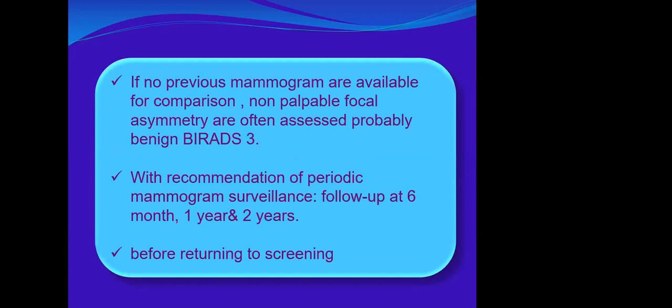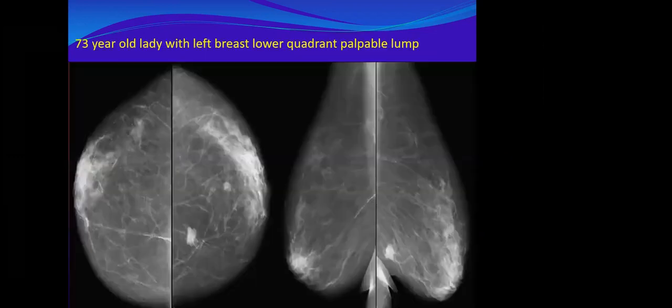If no previous mammograms are available for comparison, non-palpable focal asymmetries are often assessed as probably benign, BI-RADS 3, with a recommendation of periodic mammogram surveillance: short-term follow-up at 6 months, then 1 year and 2 years before returning to screening.